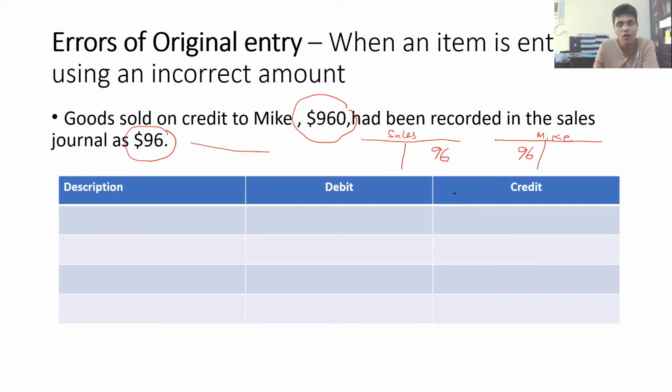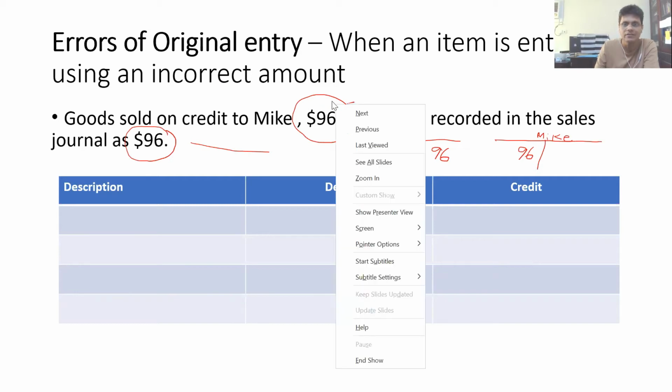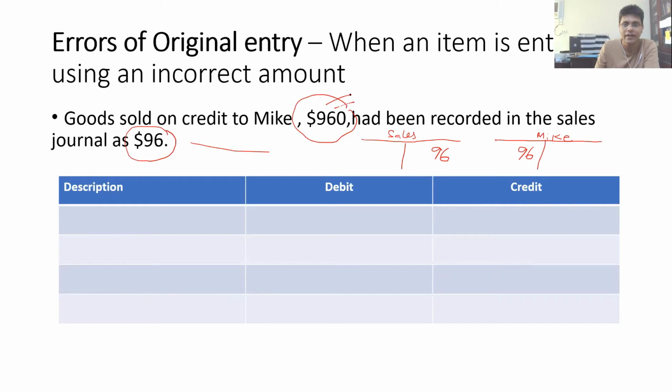Is it less or more? Has the accountant recorded a lesser amount or a higher amount? In fact, the correct amount should be 960. This is the correct amount, whereas the accountant has recorded it as 96.